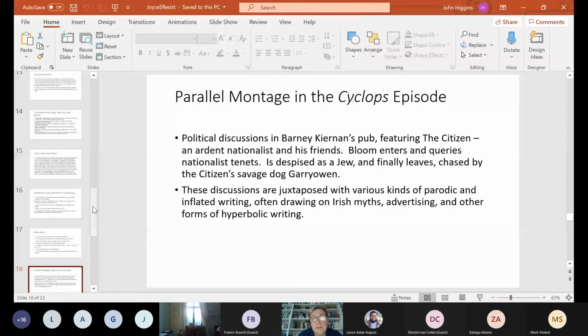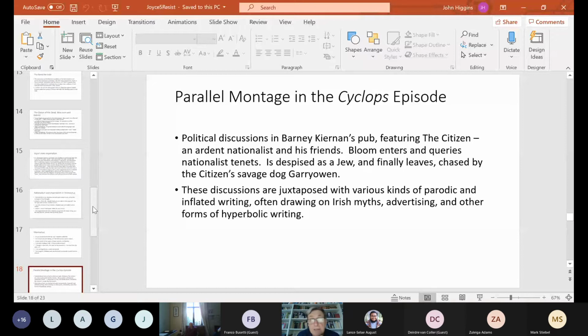but that weirdness is easily sorted out once you recognise that Joyce is again using a kind of montage technique where there are two parallel narratives. The first is the realist narrative, more or less realist, of the conversations in the pub between the Citizen and other people, between Bloom and other people and the Citizen.